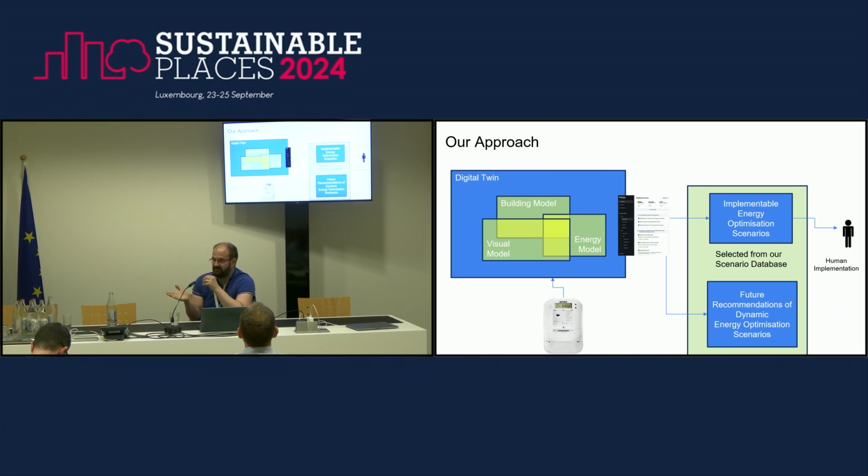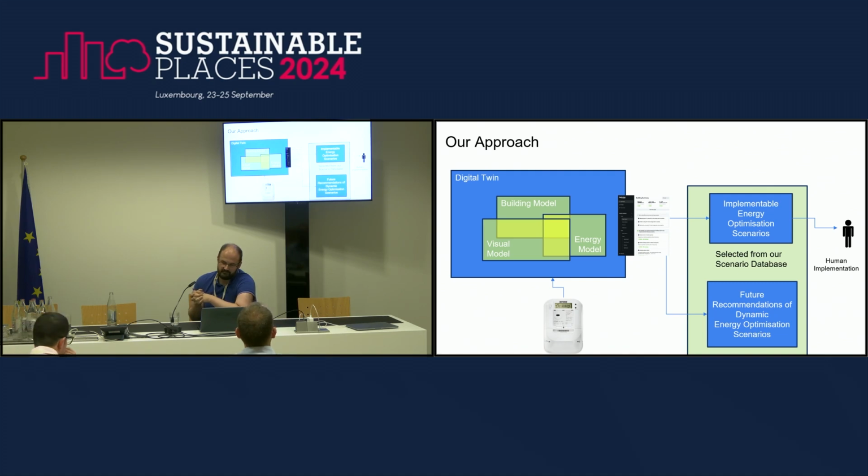We want to get into, I heard it mentioned earlier, actuation. We haven't actually found a customer that's advanced enough to be able to allow us to do that yet. We did some tests with it within the university, but we haven't been able to deploy it on a customer's site yet because we can't find anyone who's sophisticated enough to be able to do it.